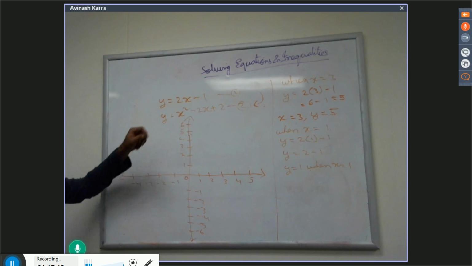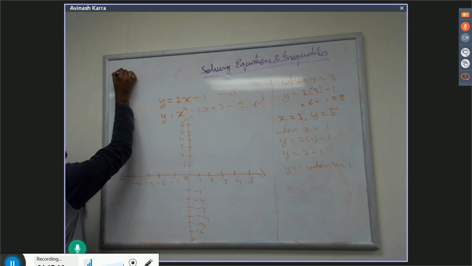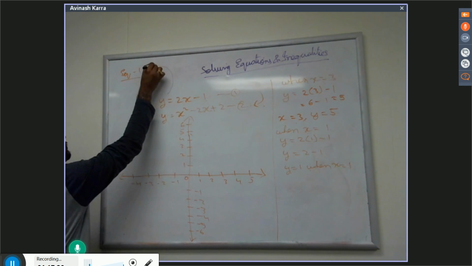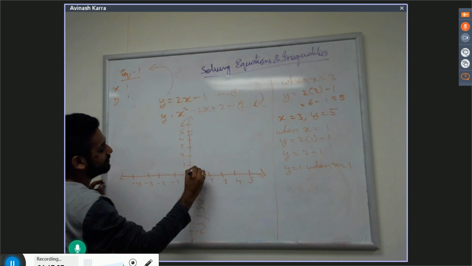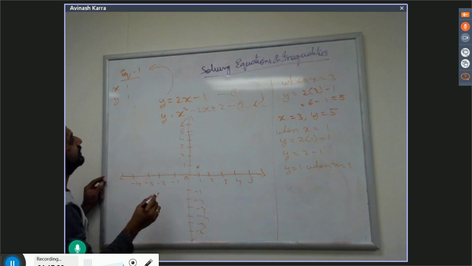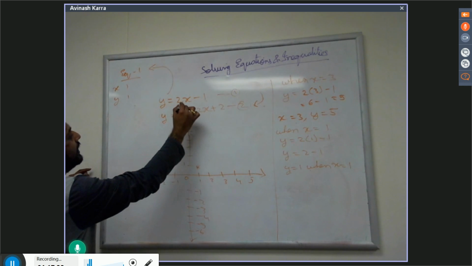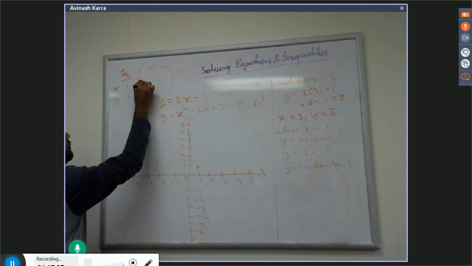So when I'm writing here equation 1, okay? When x equal to 1, y is 1, right? So 1 is here. When x equal to 2 or when x equal to 3, what will be the value of y?